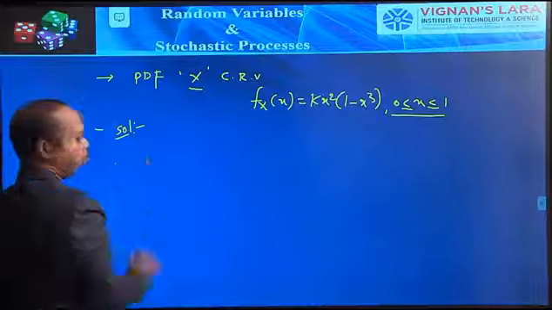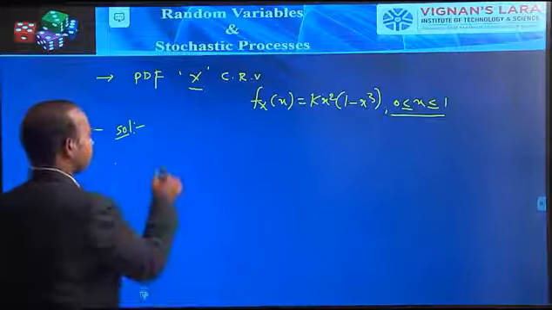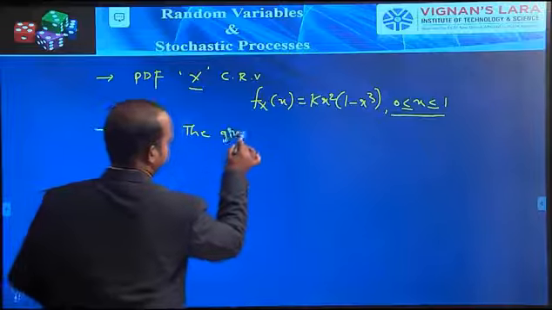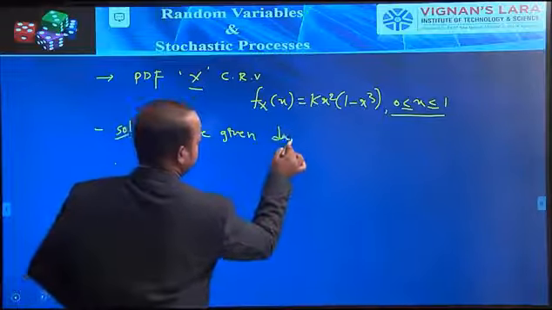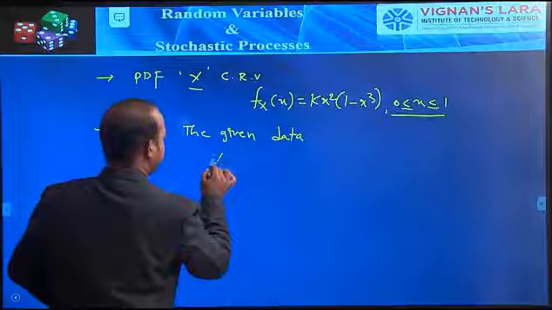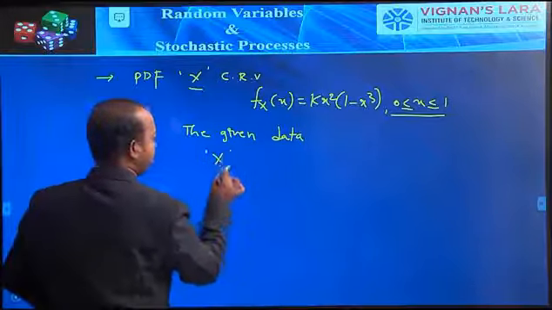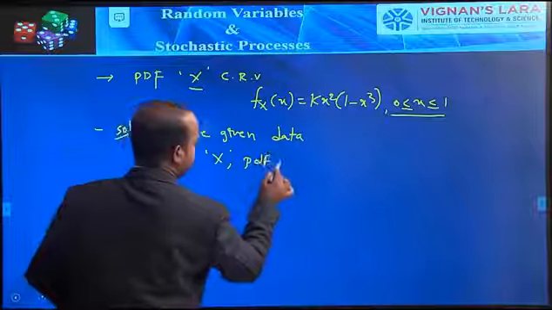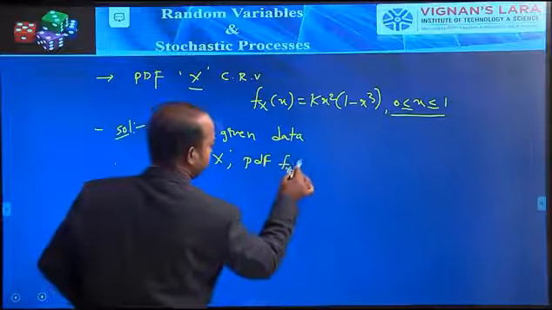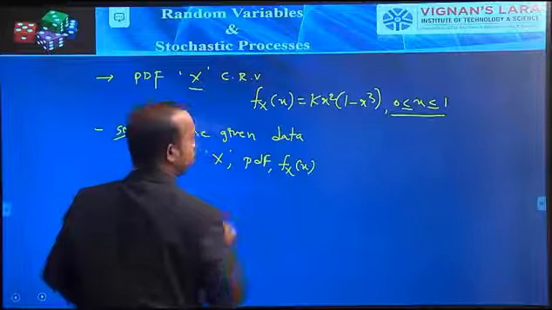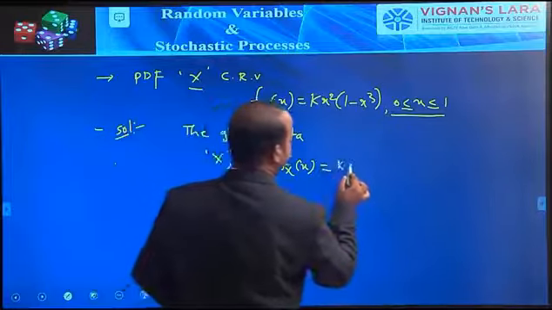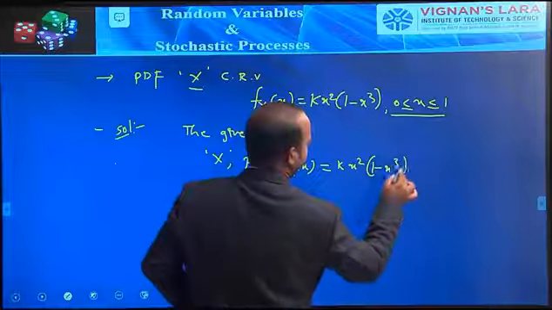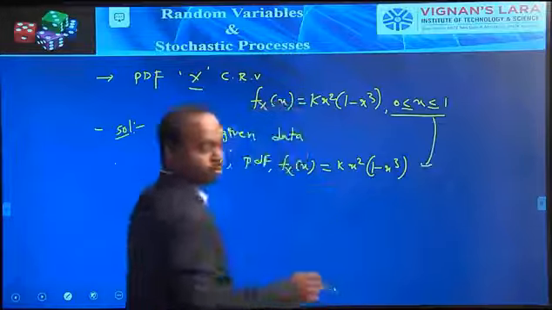The solution of this problem: first of all, the given data. For a continuous random variable x, the probability density function is k x square into (1 minus x cube). The range is this one.